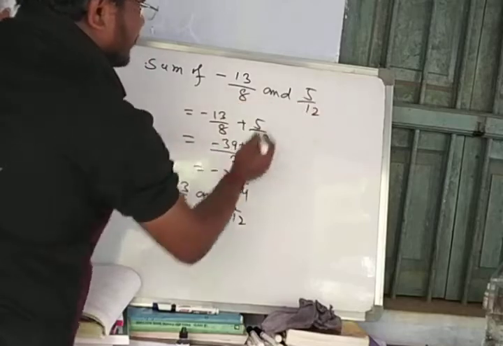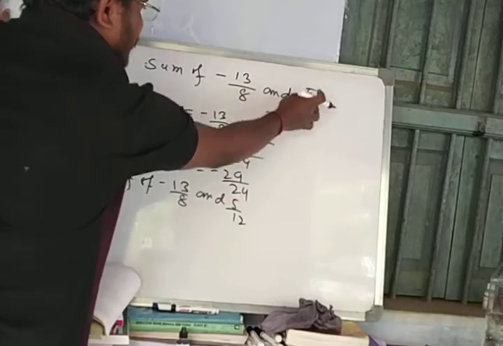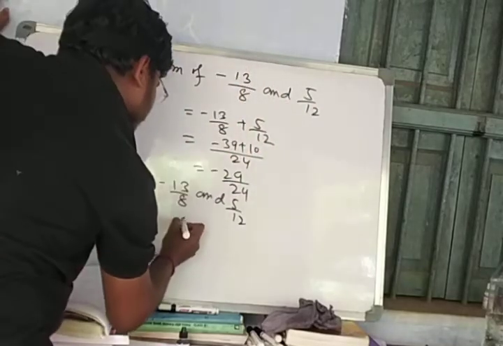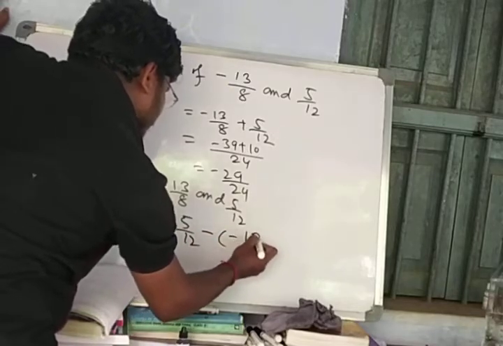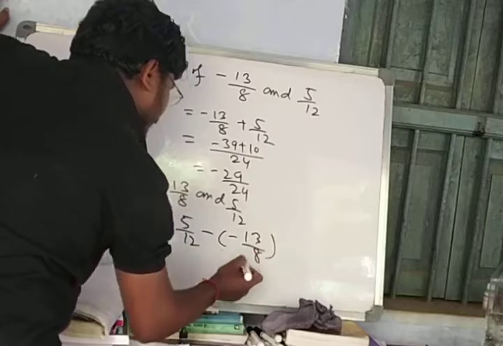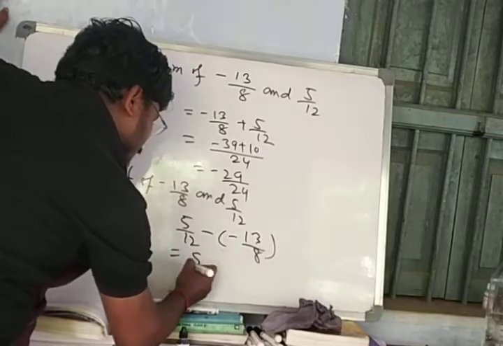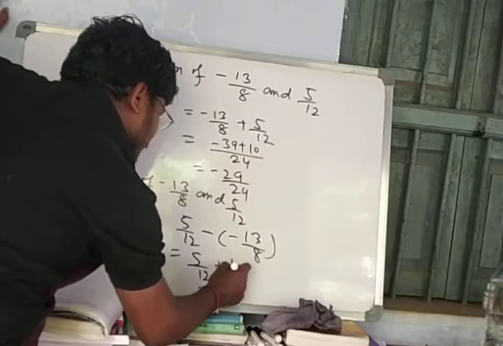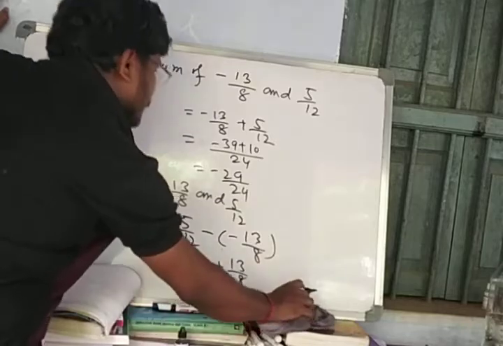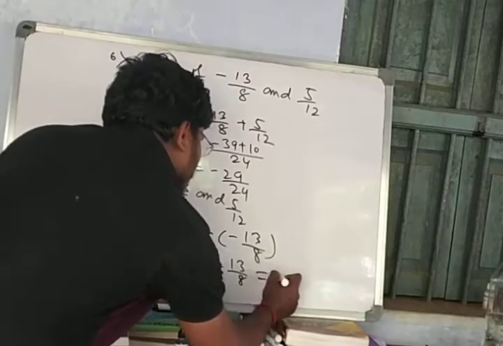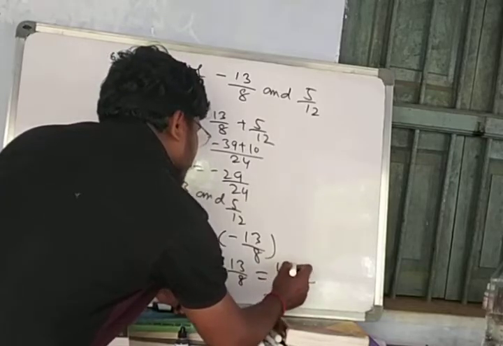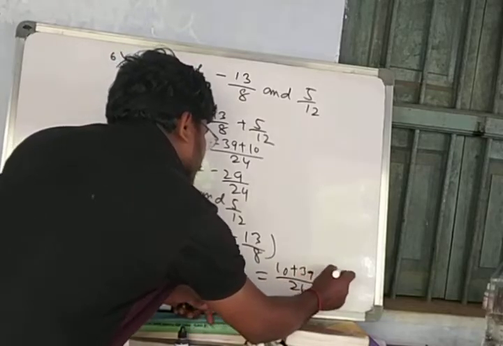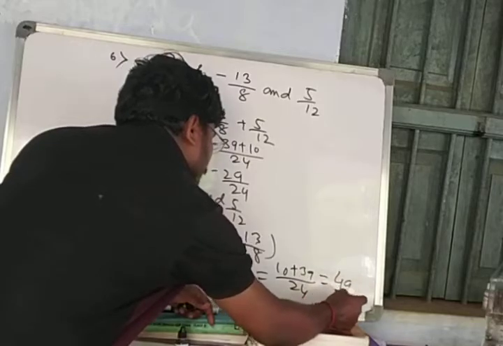Since it is negative, it is the greater number. Then you will subtract this minus this. That is 5 by 12 minus 13 by 8. It is equal to 5 by 12 plus 13 by 8. It is equal to 24. 10 plus 39, that is 49 by 24.